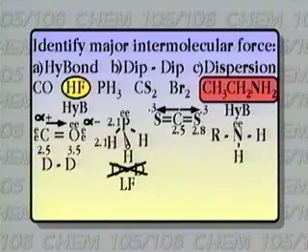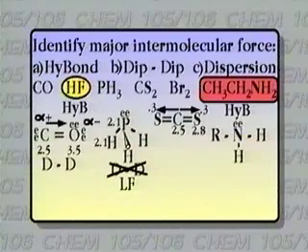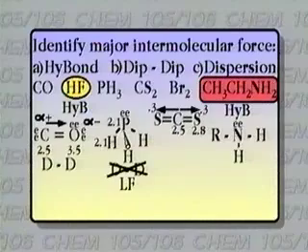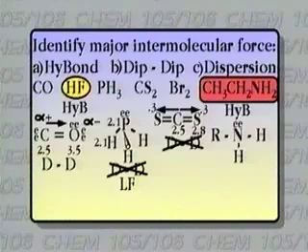But we also have a vector over here of 0.3. And so what would the net vector be for that molecule? 0. And so therefore it's a nonpolar molecule, and so it cannot have dipole-dipole forces. And so again, the only force that it could have would be the London force.